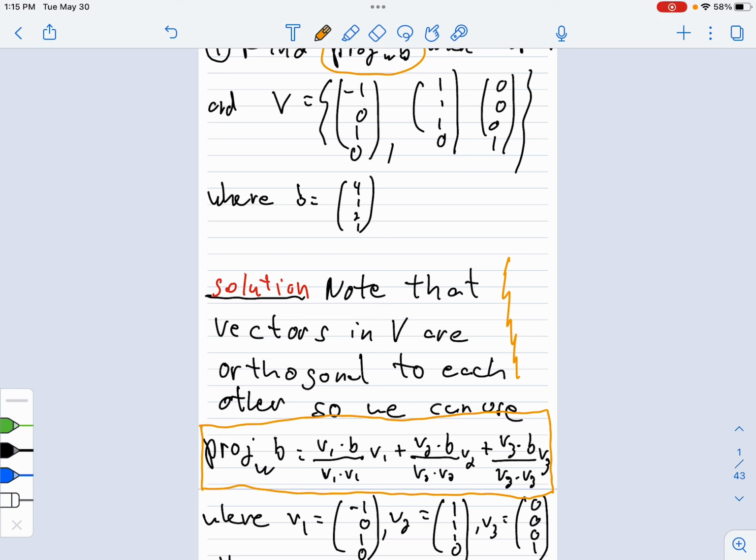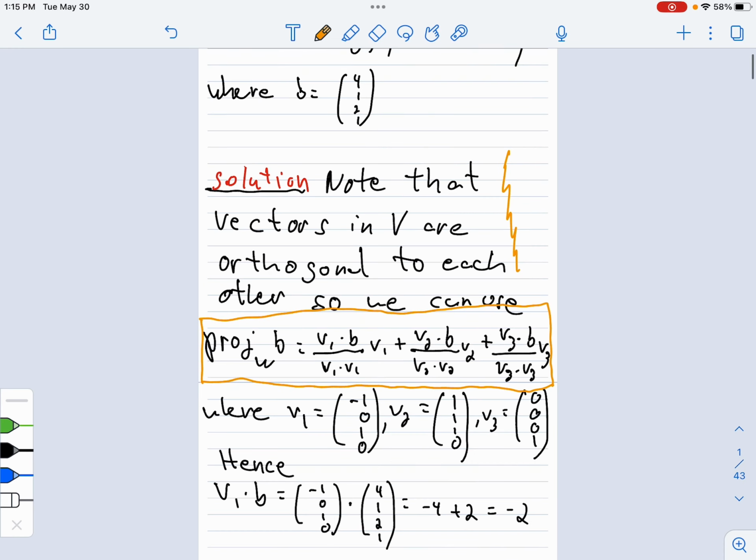In this case, it's B. So it'd be v1 dot B over v1 dot v1 times v1, plus v2 dot B over v2 dot v2 times v2, plus v3 dot B over v3 dot v3 times v3. For the bottom, you could also write v1 dot v1, v2 dot v2, v3 dot v3 as the magnitude squared, because that's what that is.